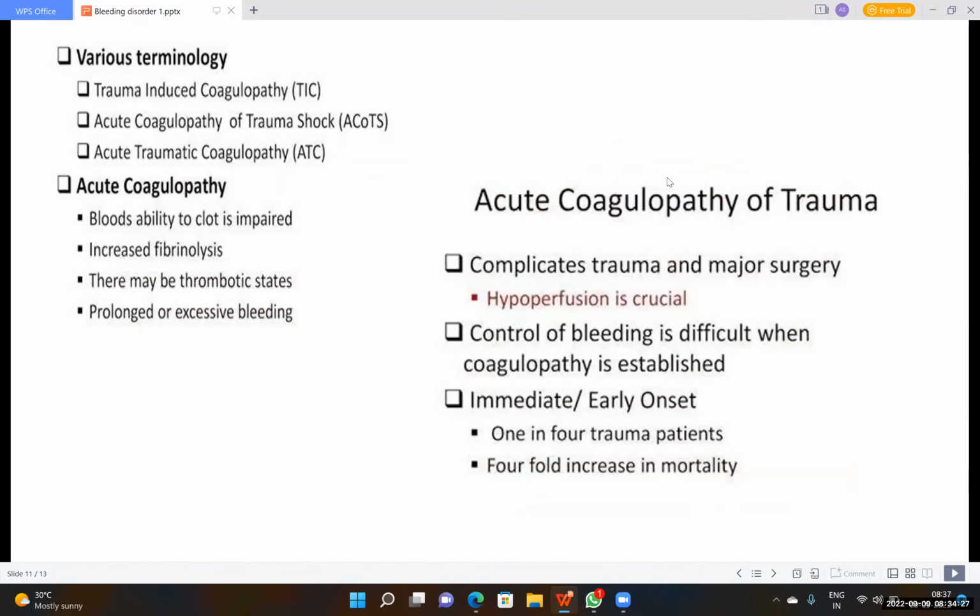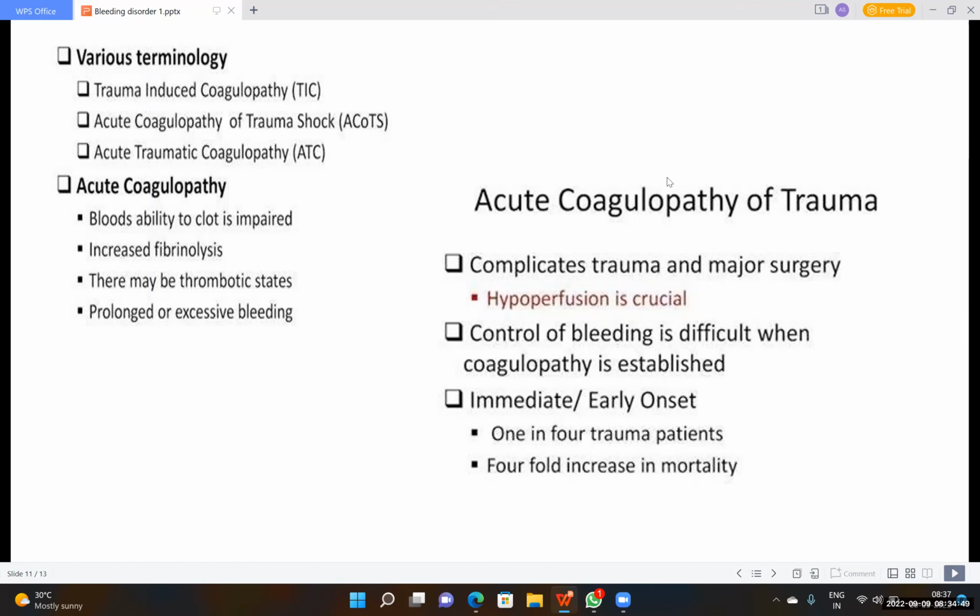There are various terminologies in the surgical context. They can be trauma-induced. It can be called trauma-induced coagulopathy, or acute coagulopathy of trauma shock, or acute traumatic coagulopathy. It means the complications.